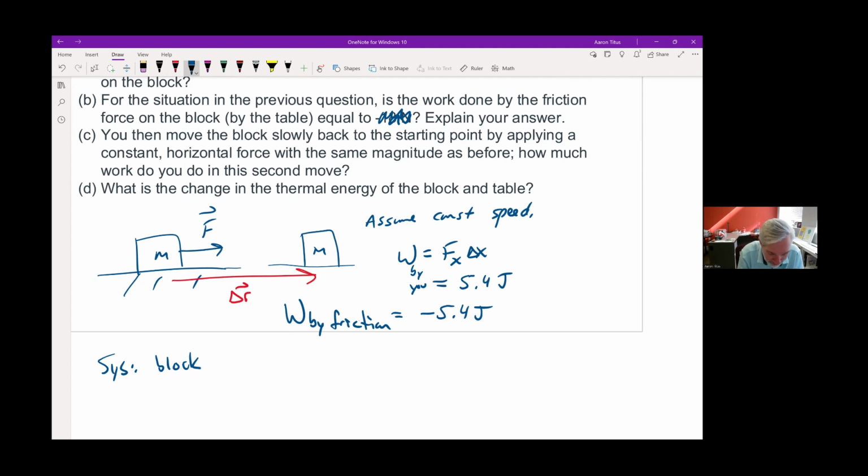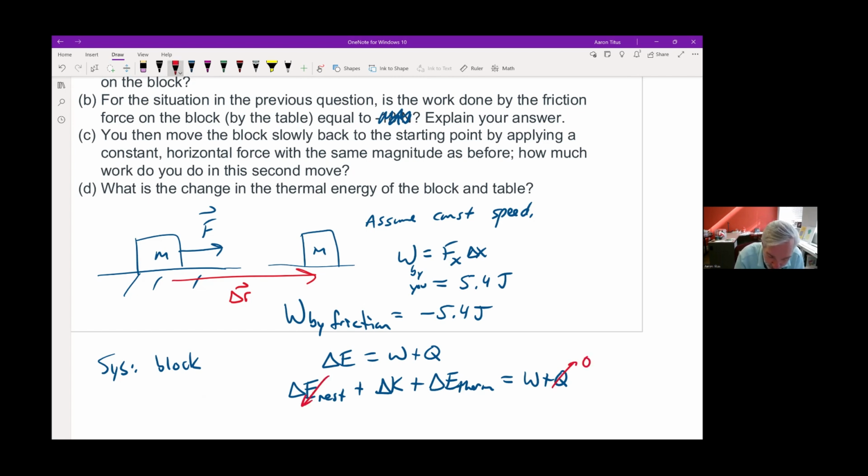And so if the system is the block, this block is made of atoms. When we apply the energy principle and say delta E is equal to W, we can write this change in rest energy plus change in kinetic energy, but this is made of atoms now, so we need to include thermal energy. And we can assume there's no heat transfer from the surroundings, so we could set that equal to 0.